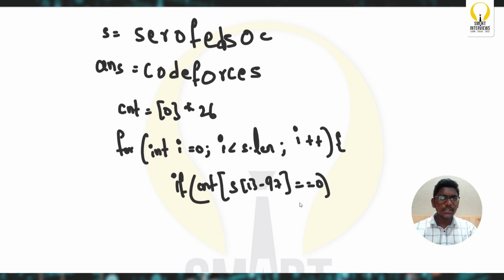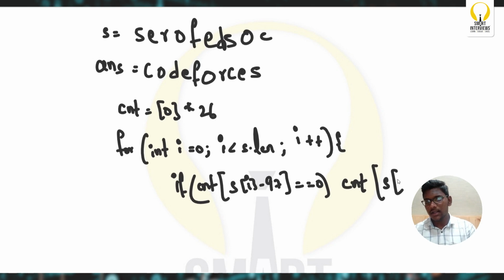Or we can say that we are just storing it over here. You can simply write count of S of i, my bad, this should be i, not 1, S of i minus 97, plus plus.